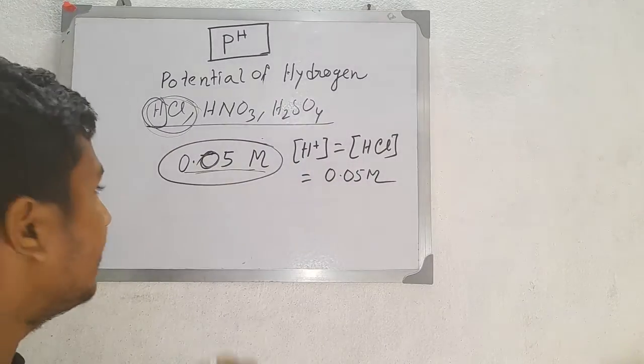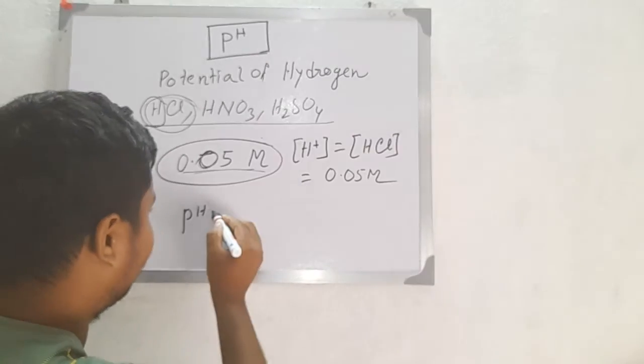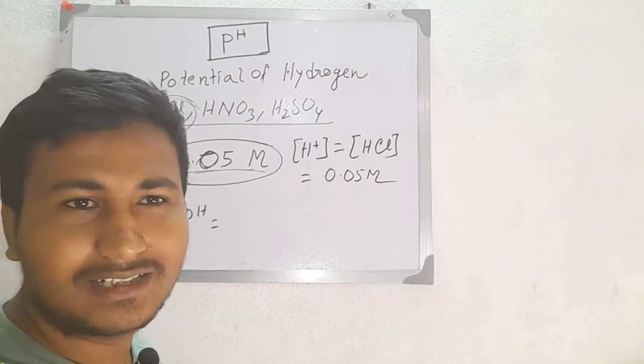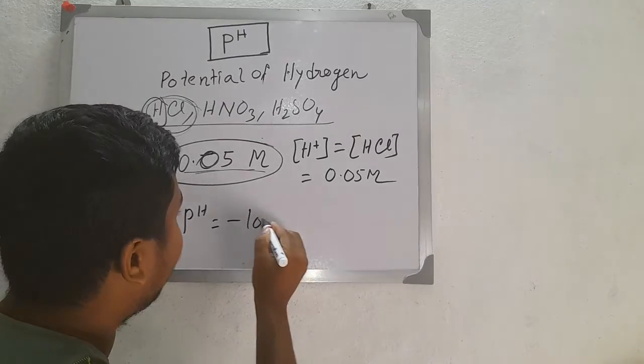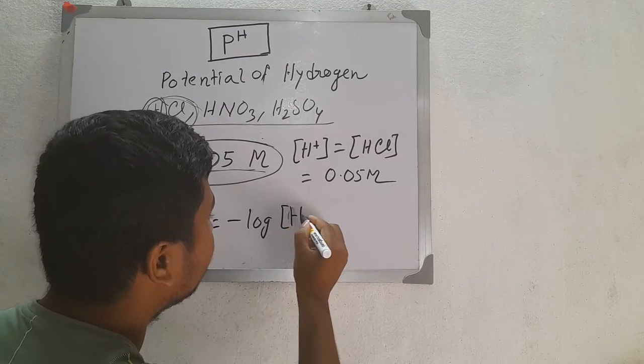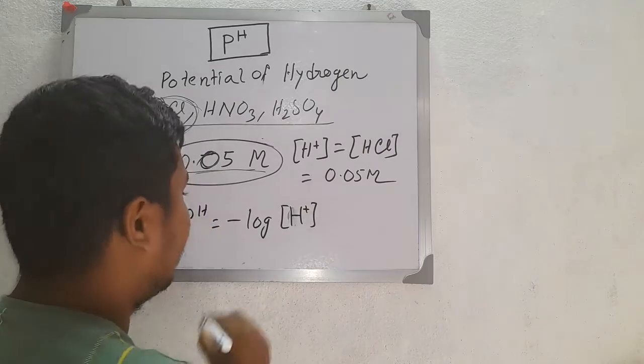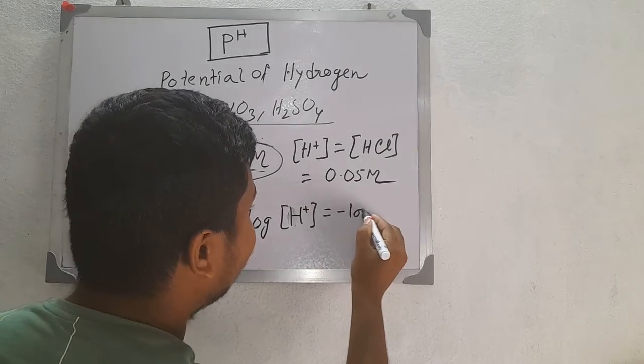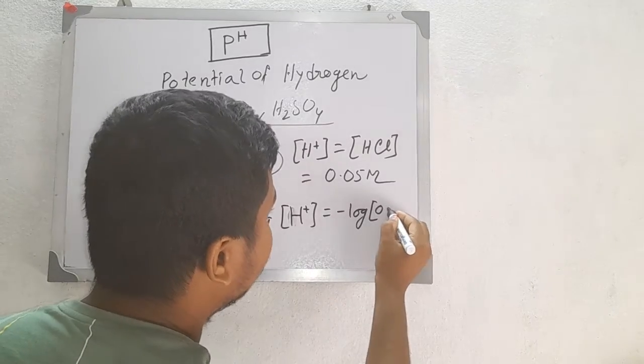Now pH equals, what is the formula? Minus log of the concentration of H plus. So we put minus log of 0.05.